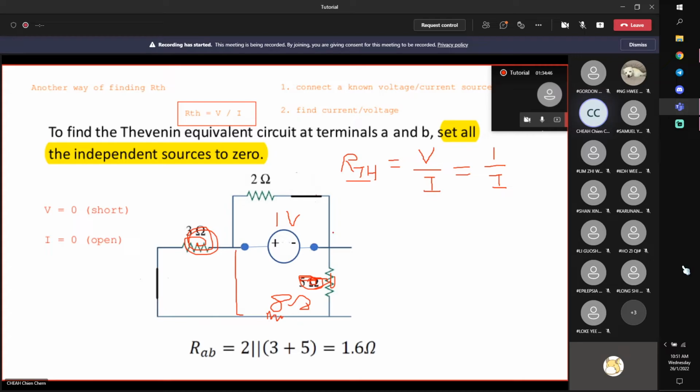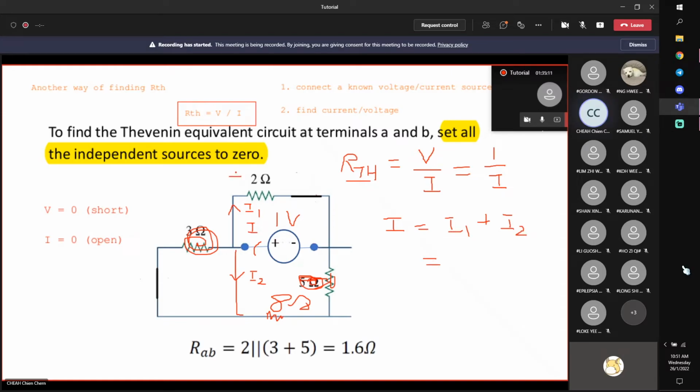Next, I need to calculate this current flow. You can see that this is equivalent to finding this current, let's call it I1, and this current, let's call it I2, and then adding them up, because I is equal to I1 plus I2. And what is this current I1? Just Ohm's law.